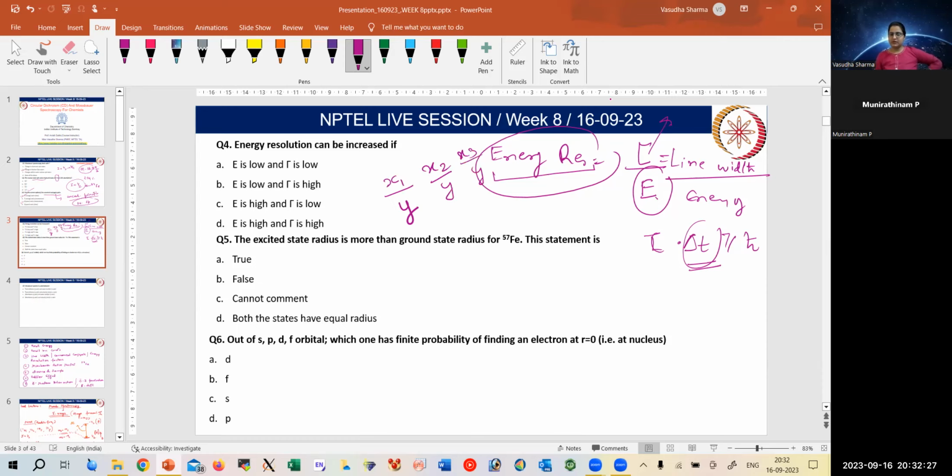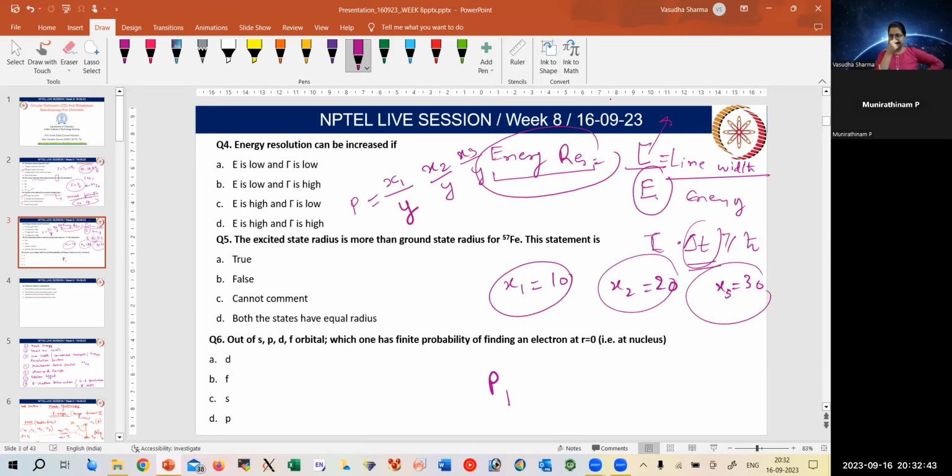Now my x1 is 10, x2 is 20, x3 is 30. So what do you think, the P value could be anything. So would P1 be more, P2 be more or P3 be more? I have fixed the Y. P3 value is more. Why? Because the numerator is high, right?